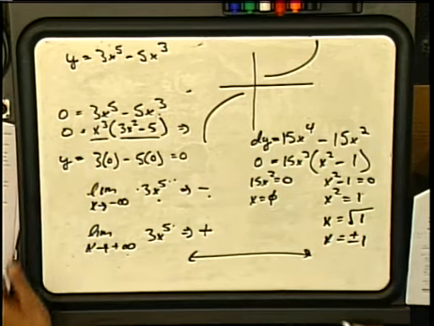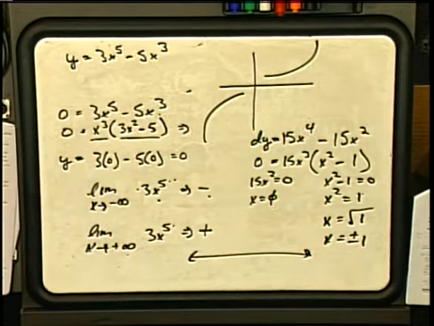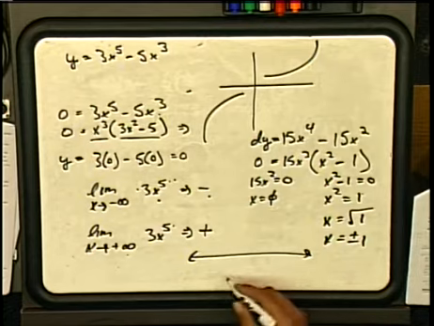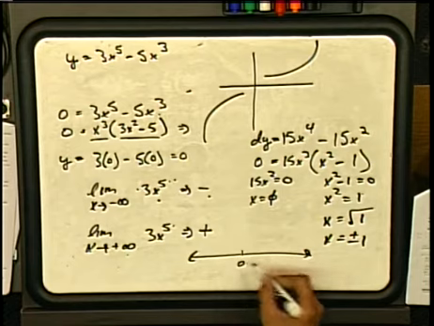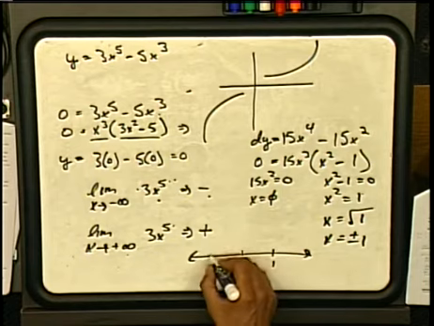Draw a number line. And you have your critical points. So it goes negative 1, 0, 1.